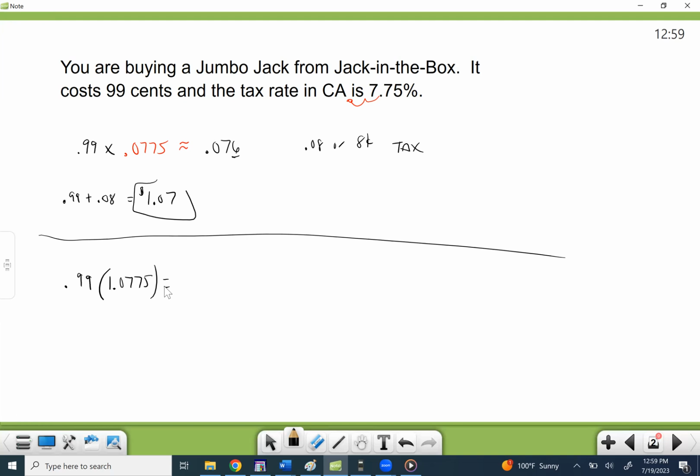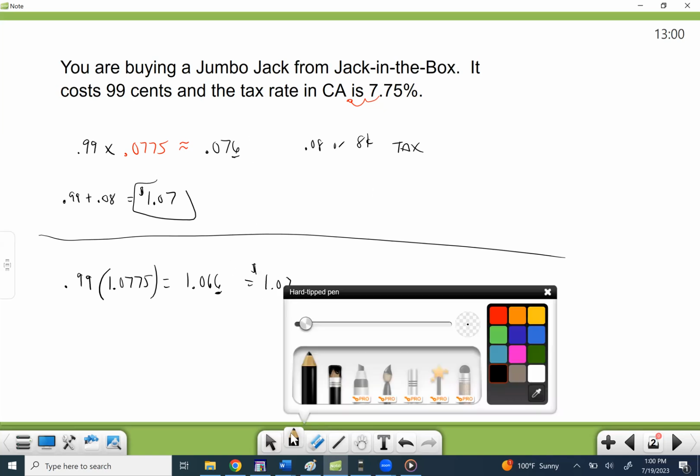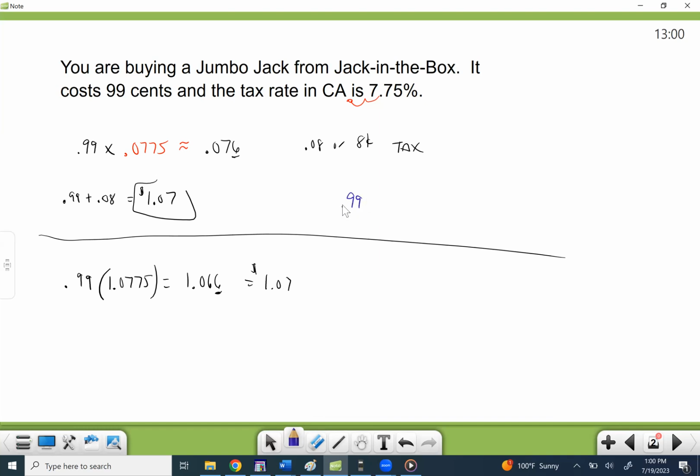And sure enough, if we do that on the calculator, I'm getting this. And there's your, if you round up, right? 6 will round this guy up. There's your $1.07. Well, that's exactly what we just did. If you keep track of my math up here on the top, I'll do it in blue. I did 99 times 0.0775 plus 99, right?